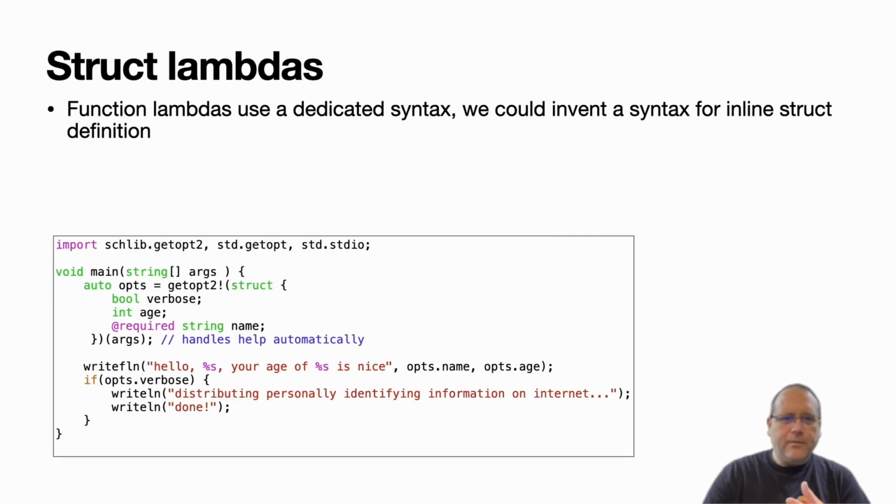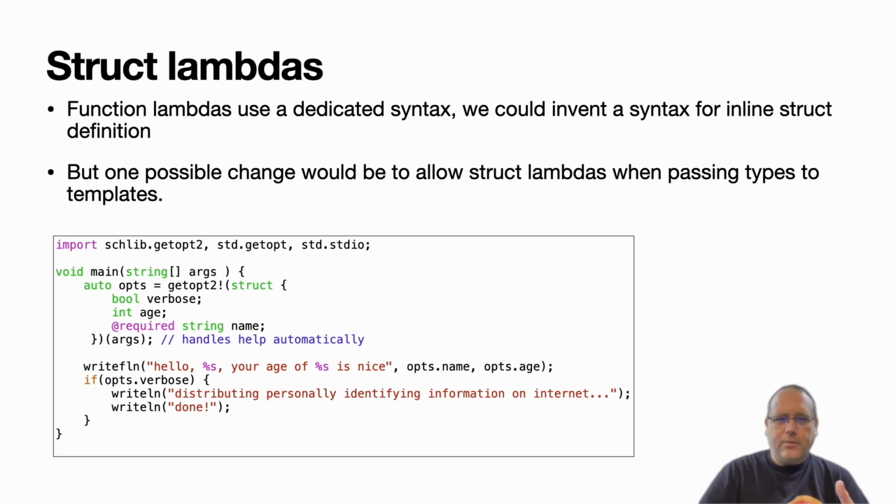However, functions use a dedicated syntax. We could invent a syntax for inline struct definition, or we could just allow this possible change, where anytime I'm taking a type in a template, you're allowed to define an inline struct there. That wouldn't hurt, right?